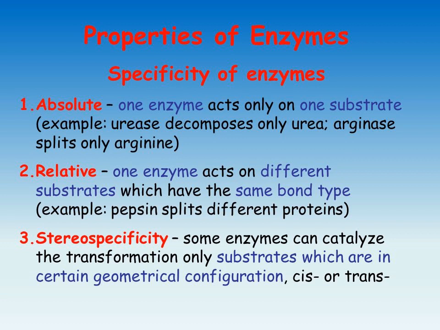Peptide forms polypeptide. Polypeptide forms proteins. The basic bond lying between the amino acids in protein is the amide linkage. The amide linkage is called the CONH bond. The CO comes from the acid group, NH comes from the amine group.